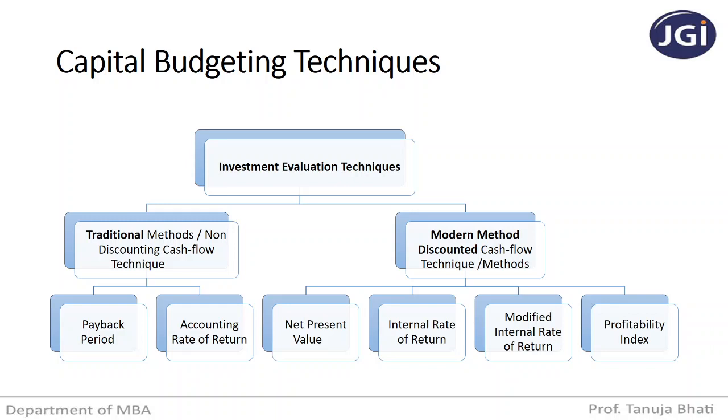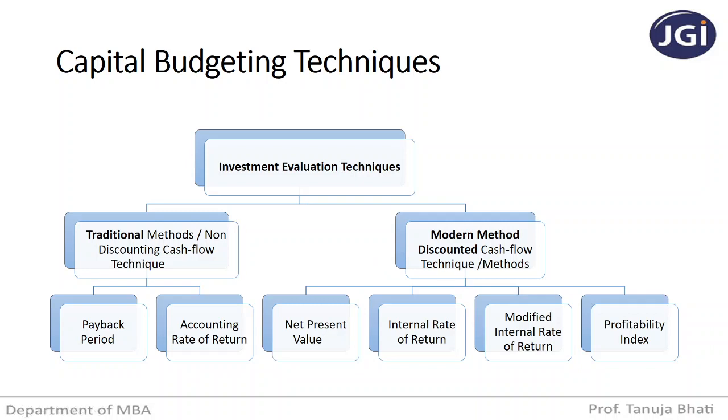So in net present value, you can evaluate whether a particular investment is optimal or not by comparing the present value of cash inflows with the present value of cash outflows. So suppose the present value of inflows is more than the present value of outflows, then obviously you'll go for that project.